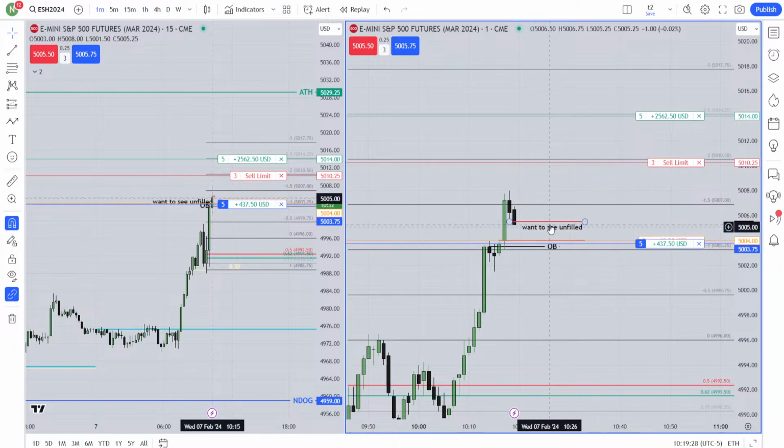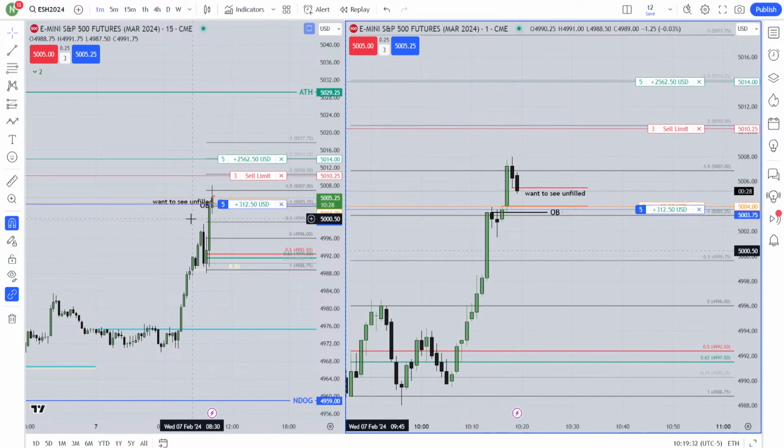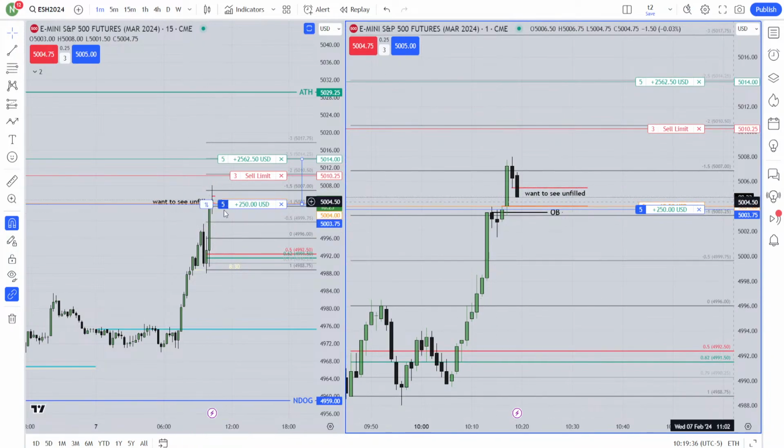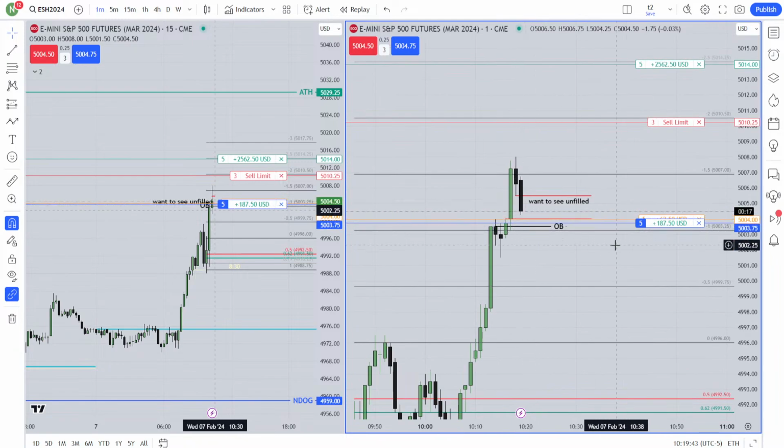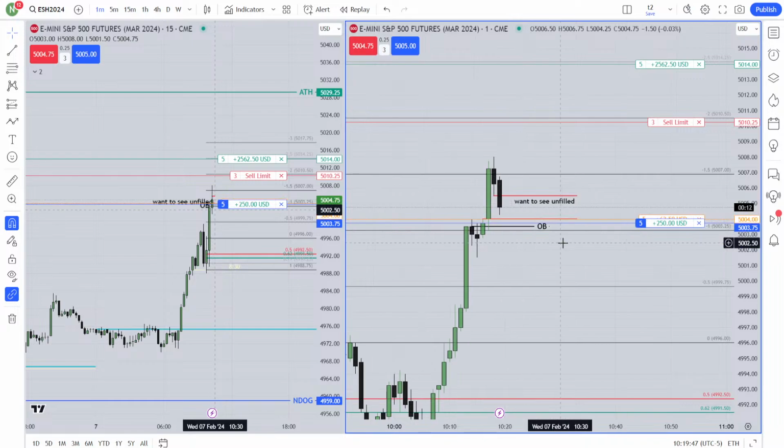If it completely fills this fair value gap, there's much more possibility that market is actually going to trade that fair value gap. But I really don't want to see that. That's all my expectation. It has to leave some space open here. Little space, it's okay. It has to keep some open over there.